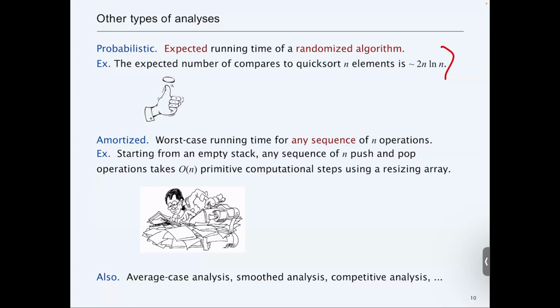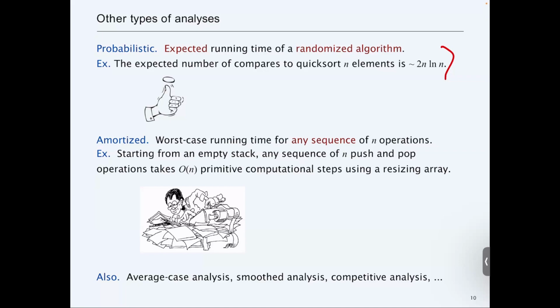Now, you're probably familiar with a randomized algorithm already. For example, quicksort has a worst case runtime of big O of n squared. If you remember quicksort, what you do is you pick a pivot point and you partition the data into the left side and the right side of the pivot point. Well, if you always choose a bad pivot point, if you always choose the largest element or the smallest element, then all of the rest of the elements are going to end up on one side.